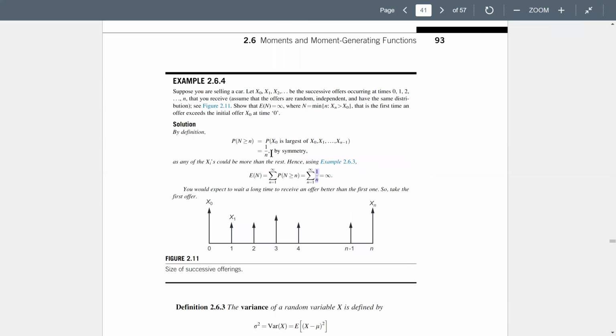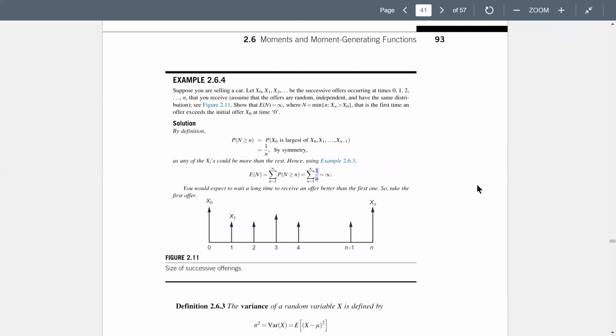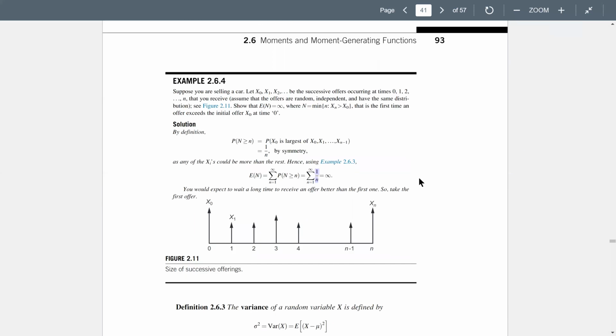The probability is altogether the same. Oh, we'll skip this one. This is not a big deal.